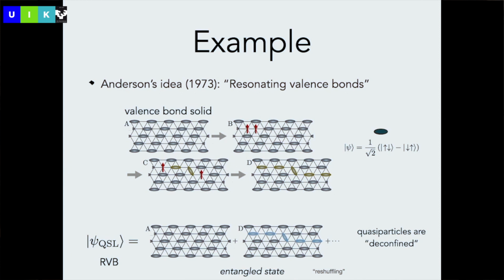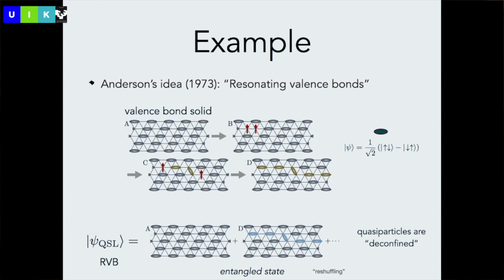So what this resonating valence bond is, and it's an example of a quantum spin liquid, is basically a quantum superposition, with perhaps different prefactors, but this is a detail, of all these different possible valence bond solids that you could form, leaving a trace behind by separating two spins like I'm doing here.